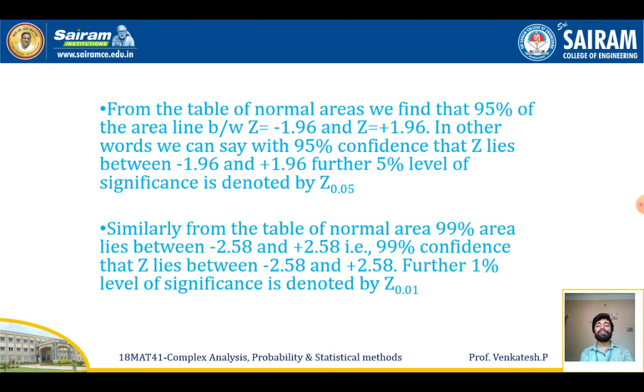Similarly, from the table of normal area, 99% of the area lies between minus 2.58 and plus 2.58. That is, with 99% confidence z lies between minus 2.58 and plus 2.58. Further, the 1% level of significance is denoted by z 0.01.